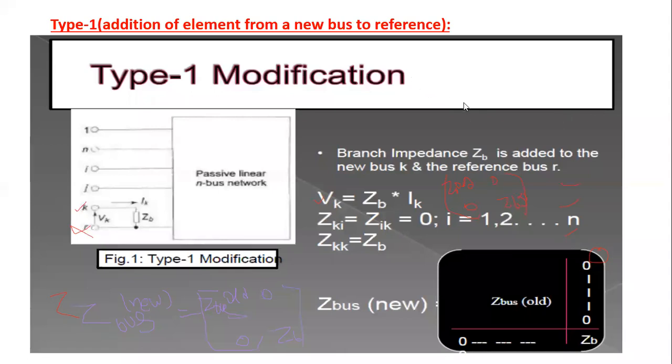First of all we are taking the element 1. Okay, element 1 means that the element is added between the reference node 0 to the new bus. Where 0 is the reference, or R is the reference, and k is the new bus. Okay, the element 1 is added between the reference node to the new node.